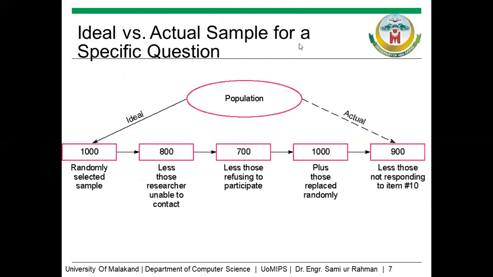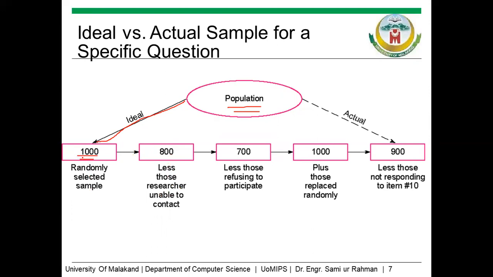Okay, now ideal versus actual sample for a specific question. Okay, let's say this is the whole population, and the ideal sample is, let's say, 1000 randomly selected samples. So here 200 less, those the researchers were unable to contact.